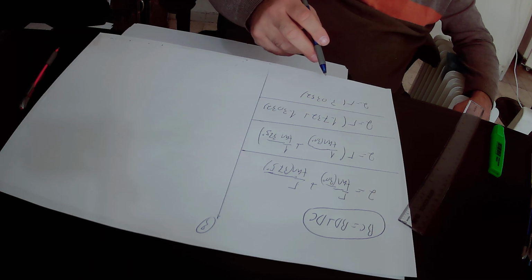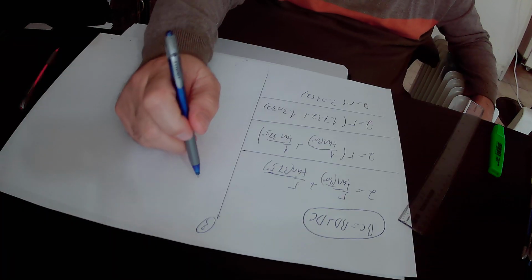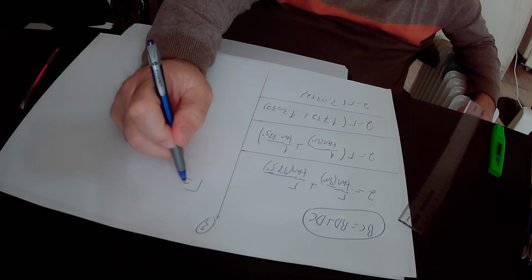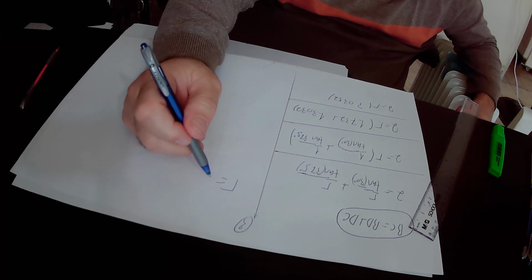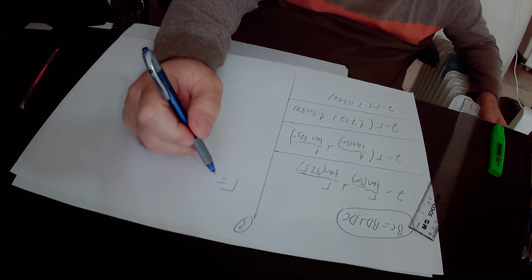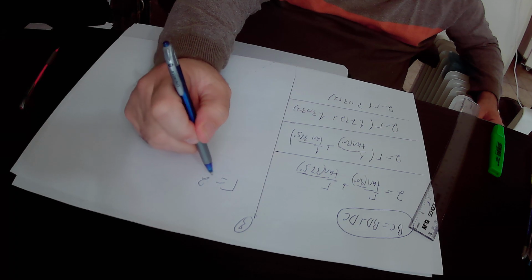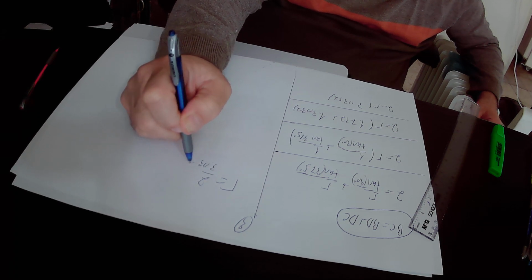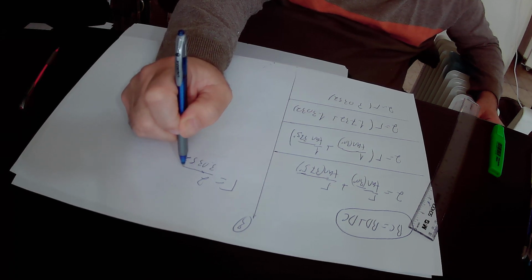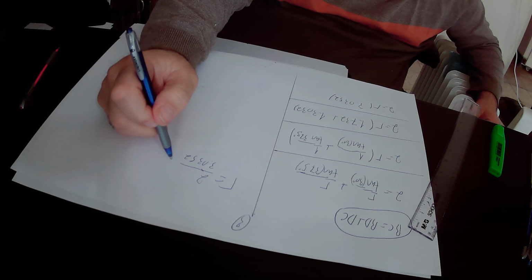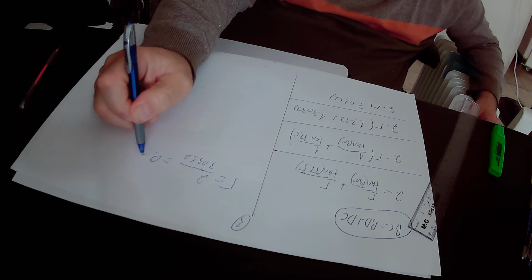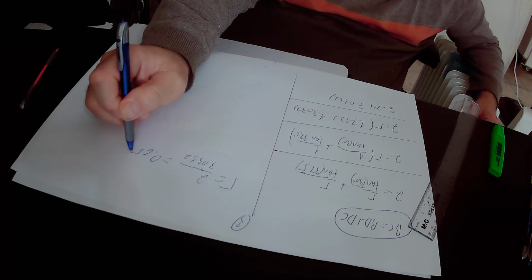Here we divide this equation by 3.0352, and finally we get that R, the radius we are looking for, the radius of the circle inscribed in triangle ABC, equals 2 over 3.0352, which equals 0.6589.